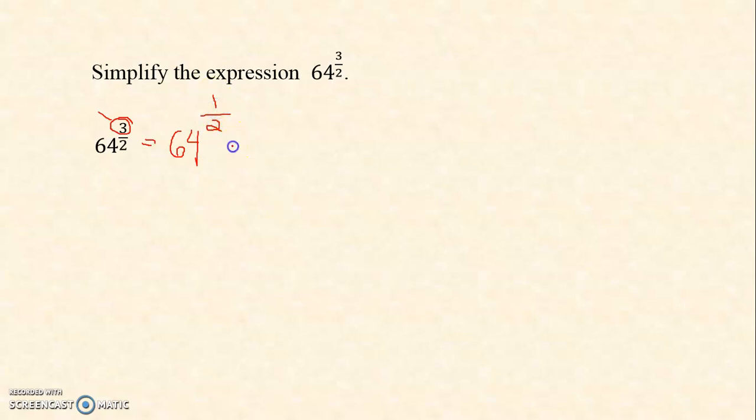1 over 2 multiplied by 64 raised to 1 over 2 multiplied by 64 raised to 1 over 2. Why is it like that? Okay, they have the same base.